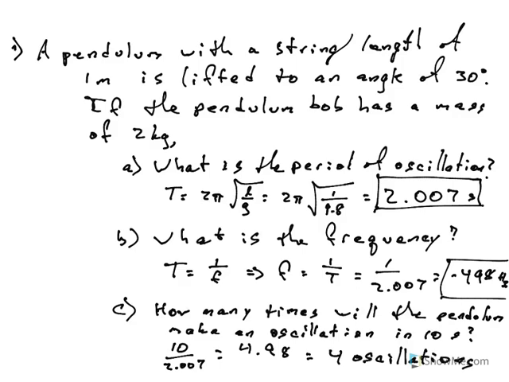Obviously, if we want to know how many total oscillations, 0.98 is not a full oscillation, so it'll make 4 full oscillations in 10 seconds.